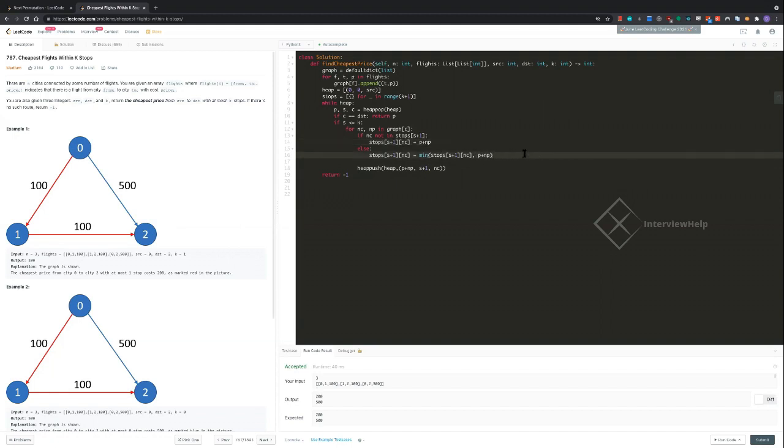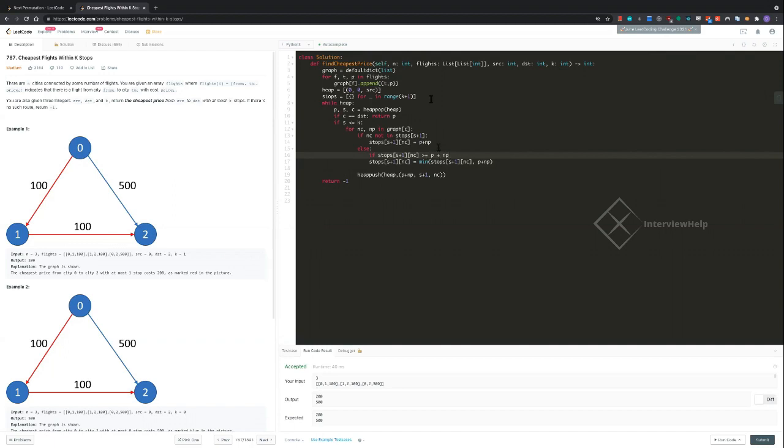And then there needs to be a condition: when do you push to the heap? You only push it in if it's not there, or if it's smaller than the existing one. So I'll get rid of the minimum. If P plus NP is less than that, or greater. Well, if it's equal, let's think about it.